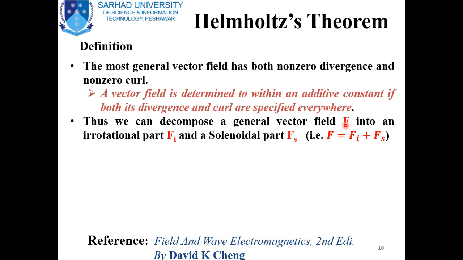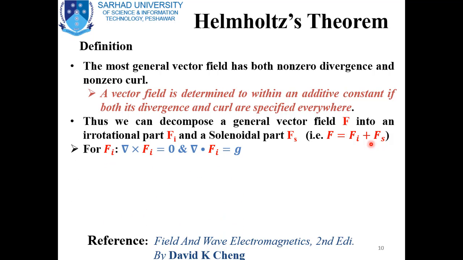Let f be a general vector field, so we can write f is equal to fi plus fs. We split the general vector field into two parts, fi which represents the irrotational part of f and fs which represents the solenoidal part of the vector field f.